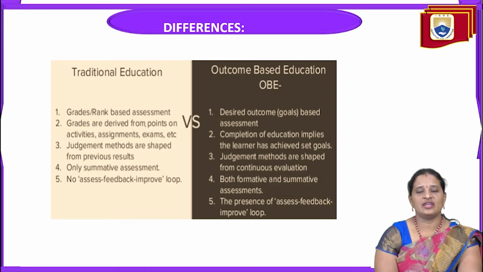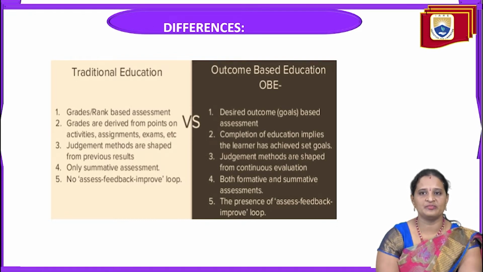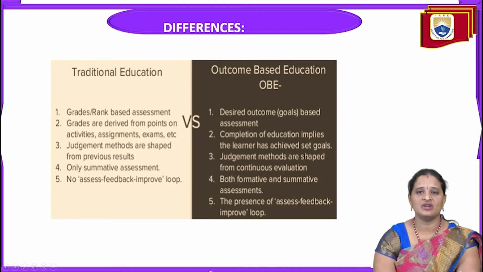The grades are derived from the points on activities, assignments and exams in the traditional educational system, whereas in outcome-based education, the completion of education implies the learner has achieved the set goals.